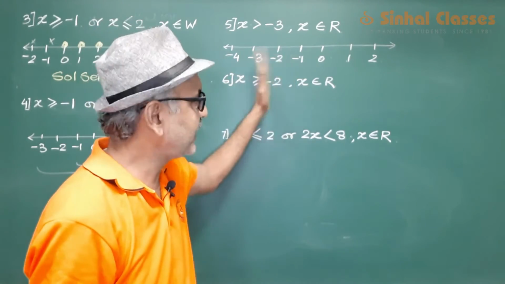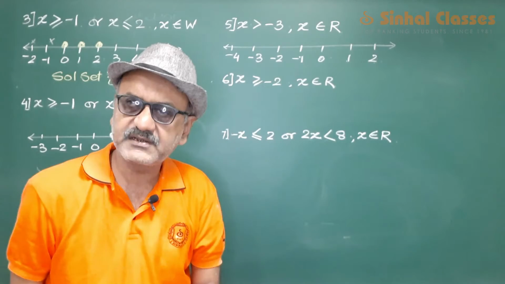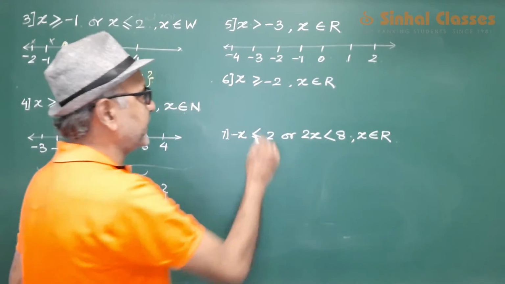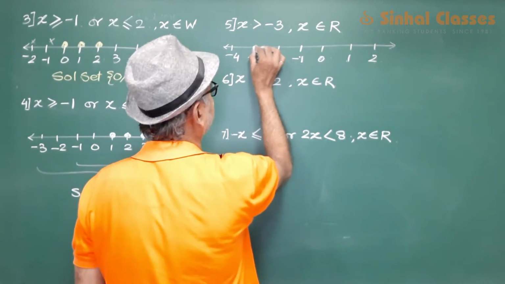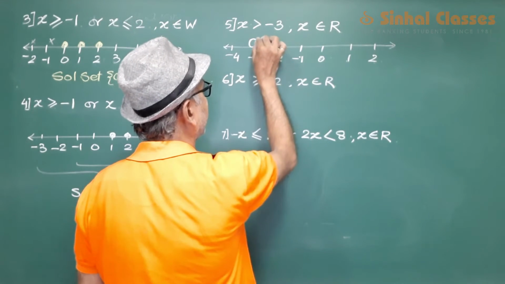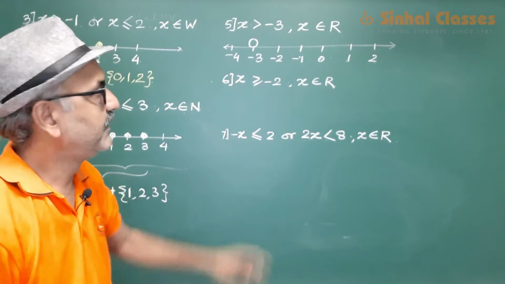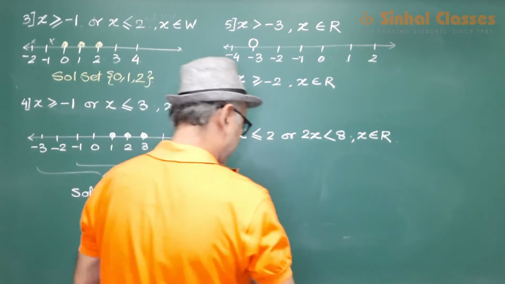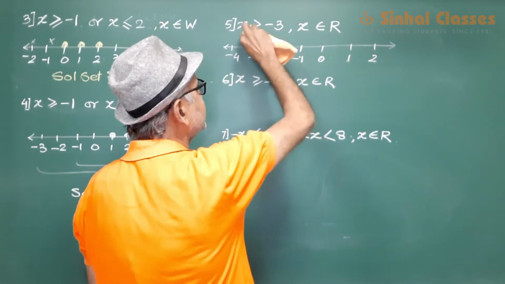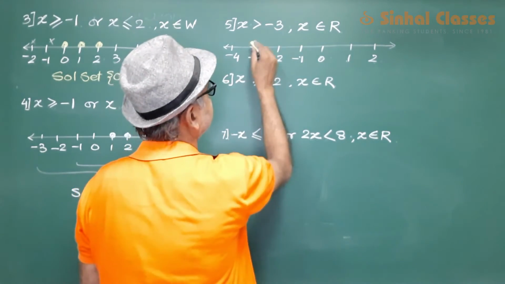So बच्चों, हर दो नंबर के बीच में भी तो इनफाइनाइट नंबर्स है, वो भी तो इंक्लूड होगा रियल नंबर्स के सेट में. तो रियल नंबर्स के सेट में आप क्या करोगे? आप यहां से शुरू करोगे. ये है वो नंबर. So when you start from here, what you can do is, you just put a curve like this.